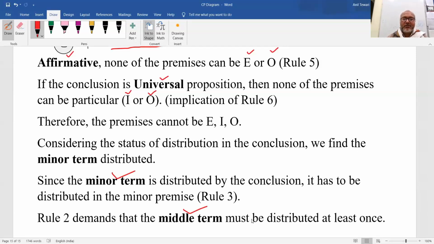Middle term का distribution तो universal demand है for every syllogism. But in this case, when conclusion is A and the subject term, that is the minor term, is distributed, it has to be distributed in the premise as well, in the minor premise. So you require 2 distributions.